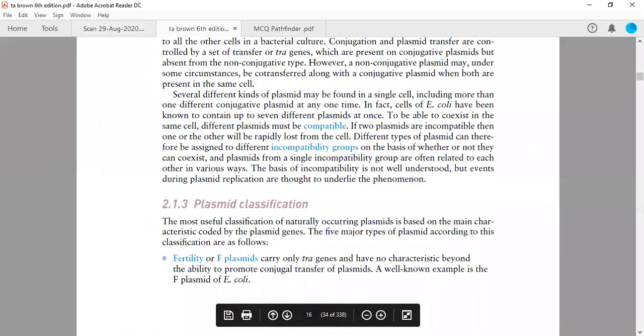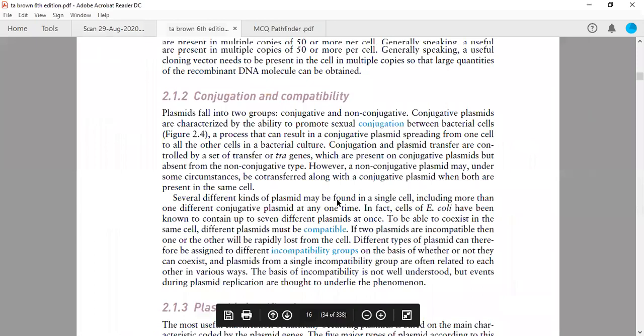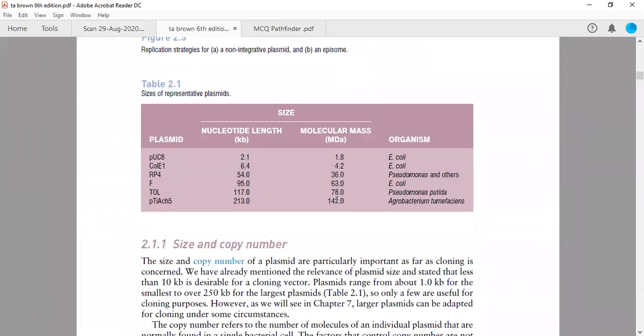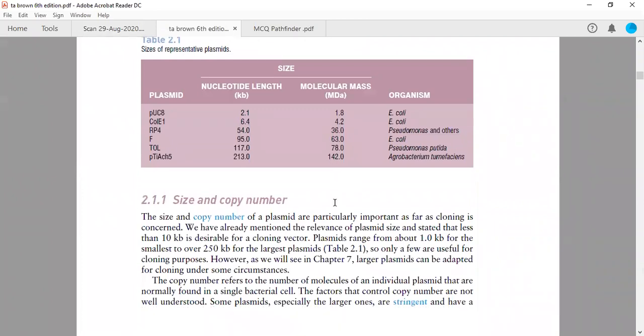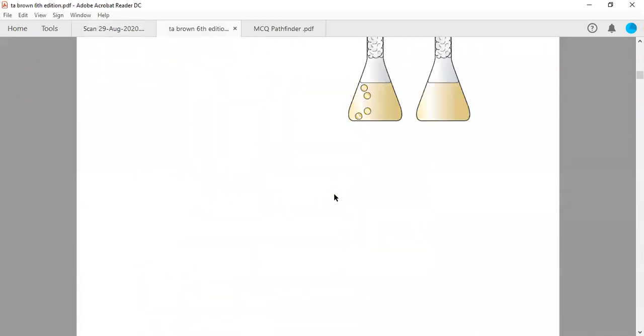Right, so actually this portion we have covered from T. Brown. So it is written somewhere here. Normally there are two types of plasmids.